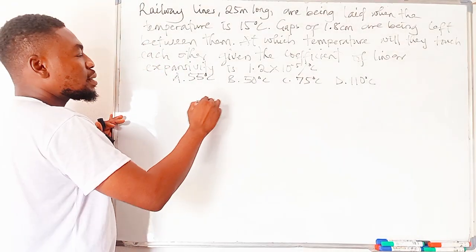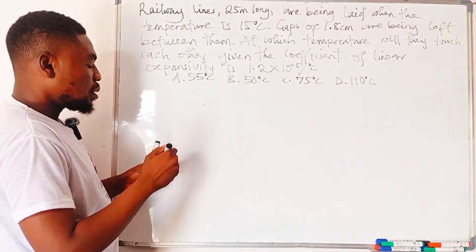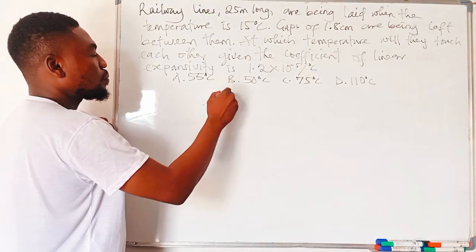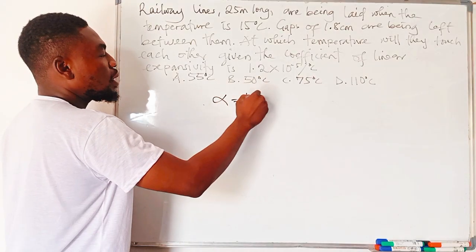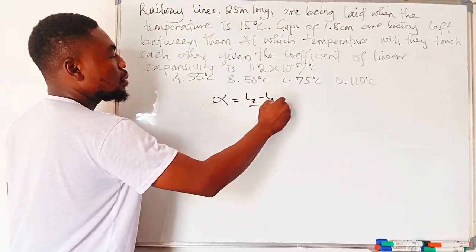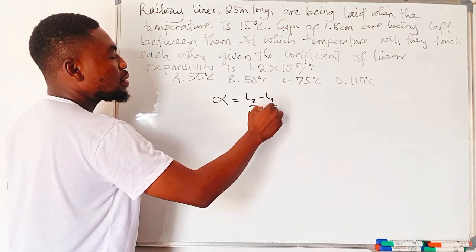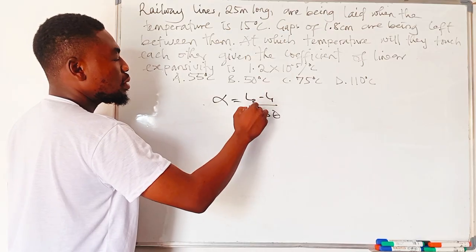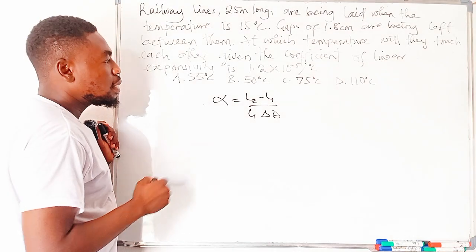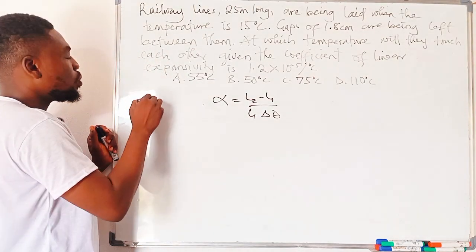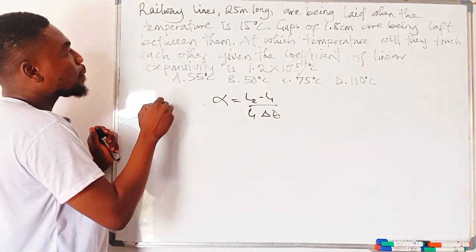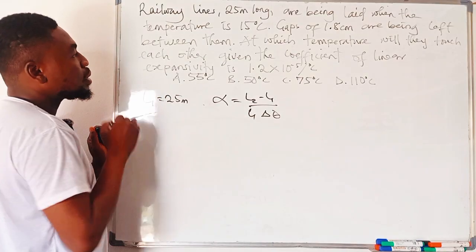We know that linear expansivity is given by the change in length all over the initial length multiplied by what? The change in temperature, right? In this case, what do we have? We have L1 to be 25 meters.